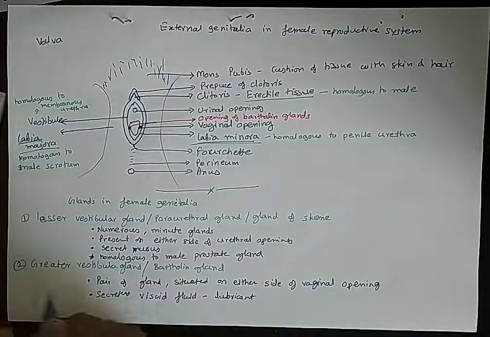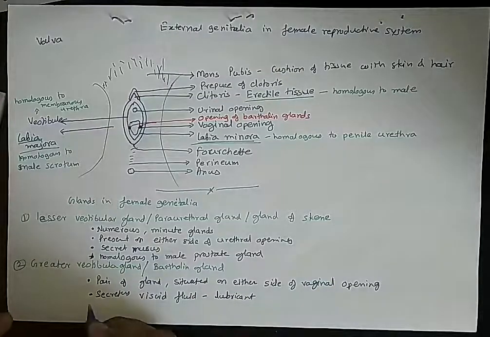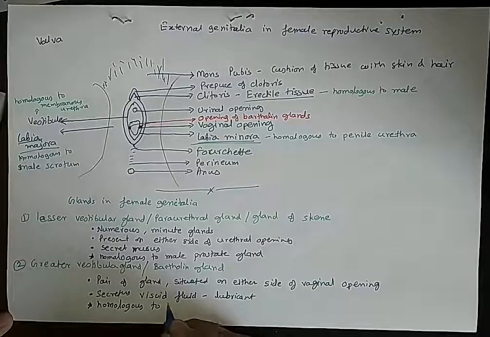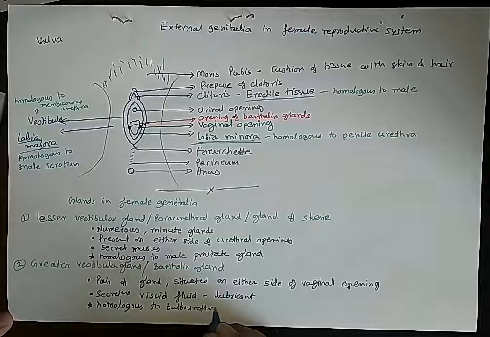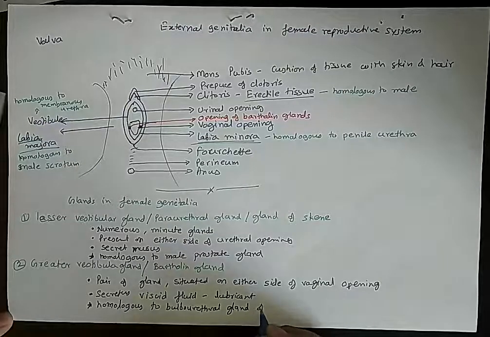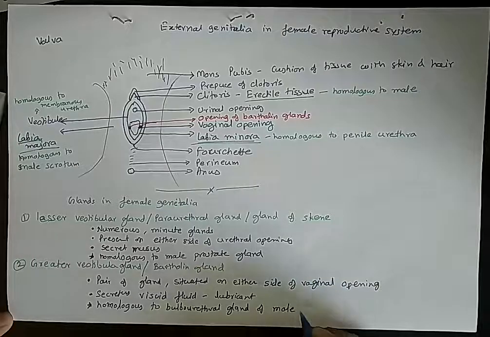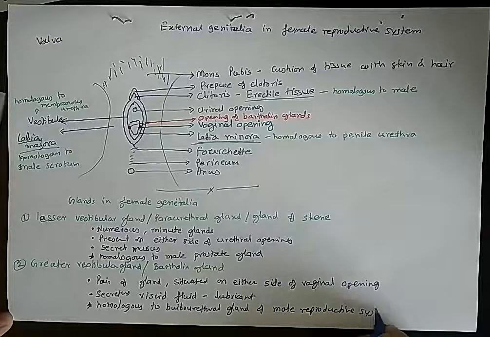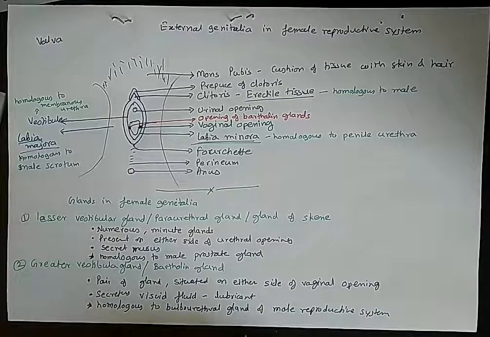This greater vestibular gland, or Bartholin gland, is homologous to the bulbourethral gland of the male reproductive system, also called Cowper's gland.